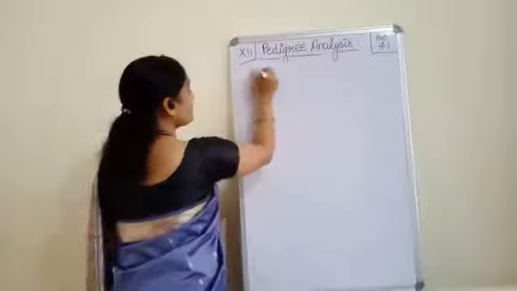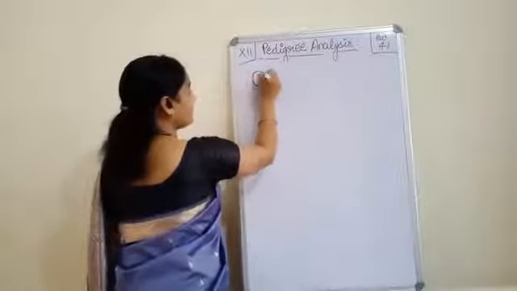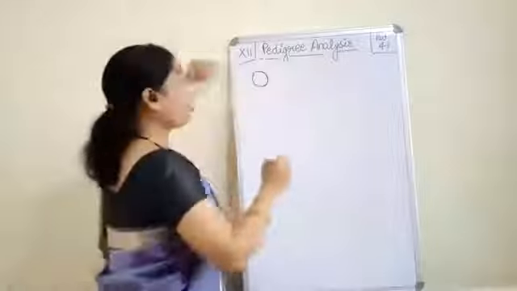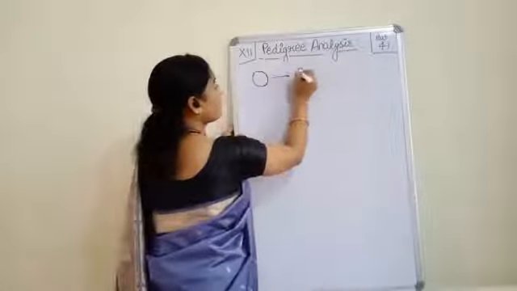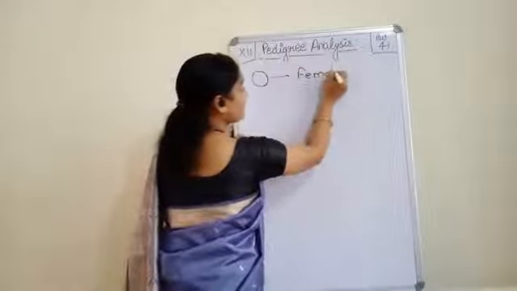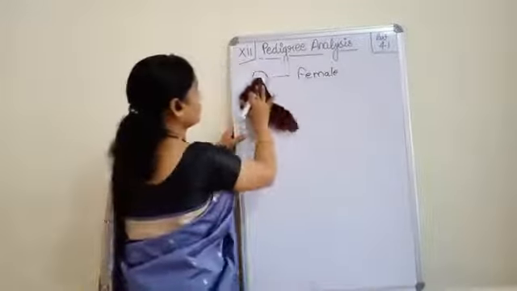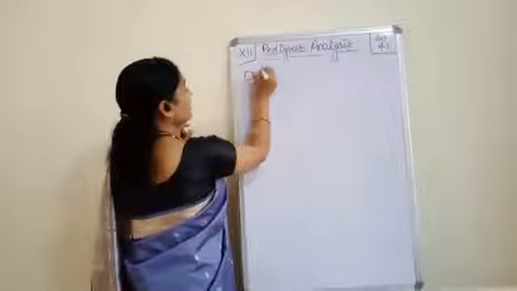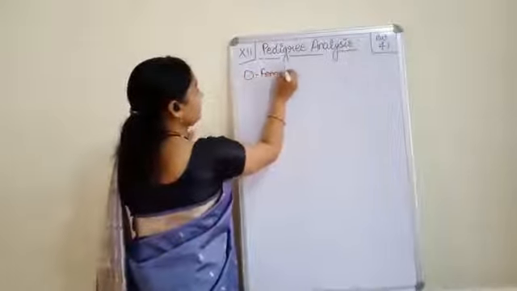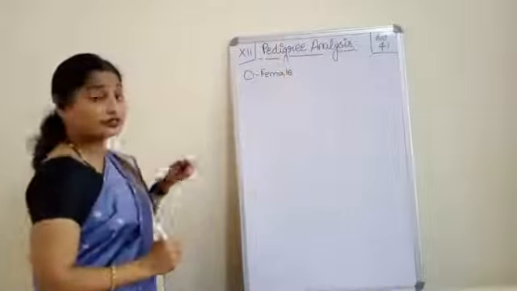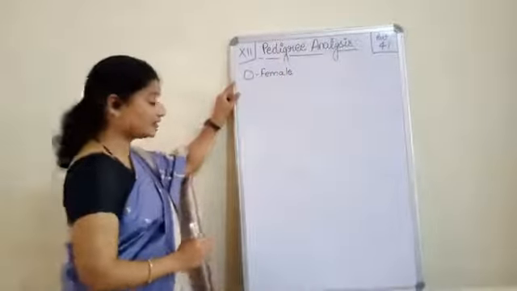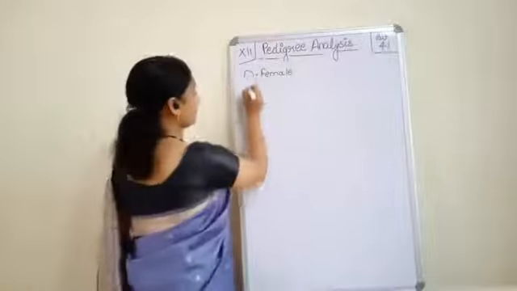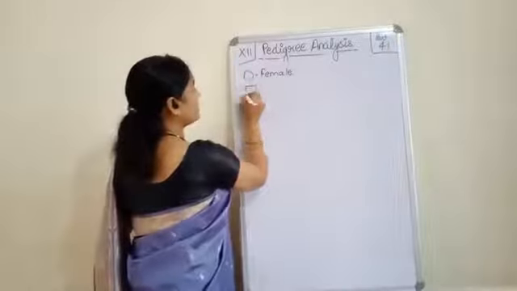A circle always represents female. I write it small so that you all can get everything. Now children, you have to note this down. Female represents circle.